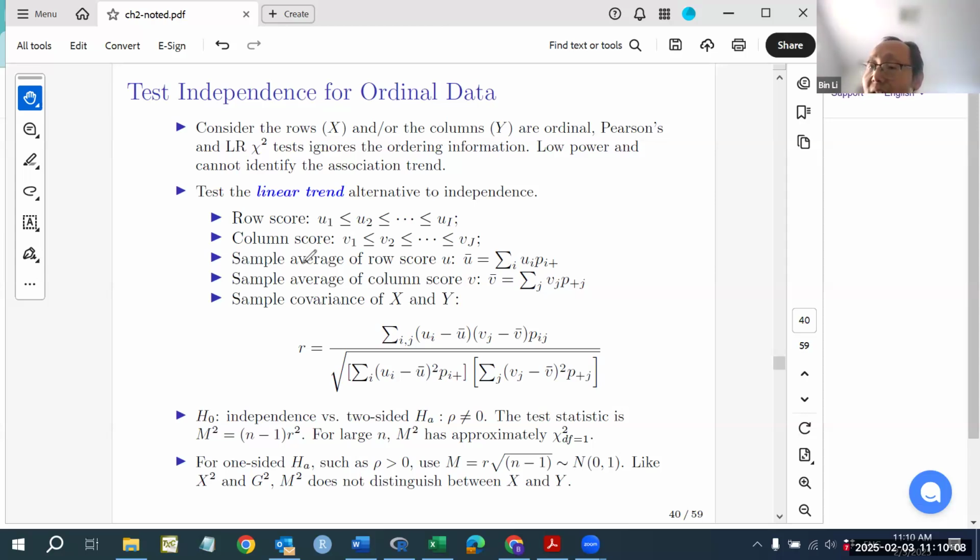Because having a more specific alternative also has a potential risk.